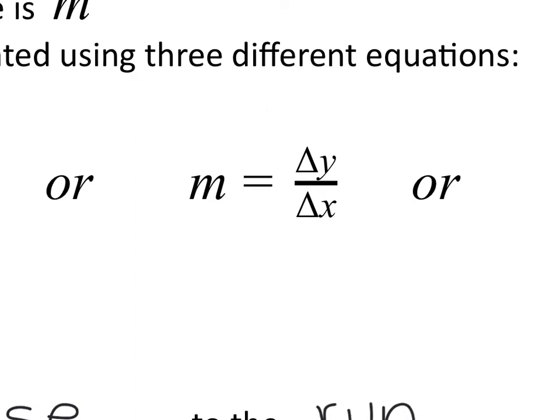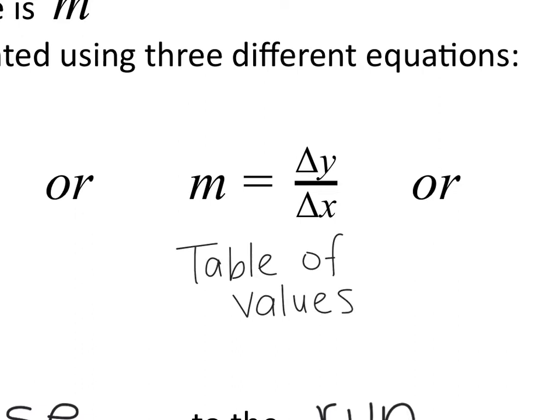So really what we're doing when we're calculating slope using this formula is we're taking the change in our y coordinate and we are dividing it by the change in our x coordinate. So this formula is best used if you are given a table of values. So remember, a table of values is a chart or a t-chart that has two columns, and all of your data points or all of your coordinate points are listed in that table.